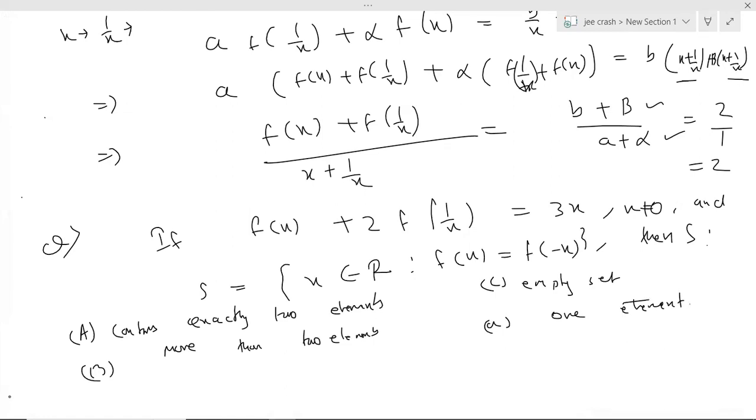Alright, contains only 1 element. So please solve this. Just follow the same method, you will get the answer.